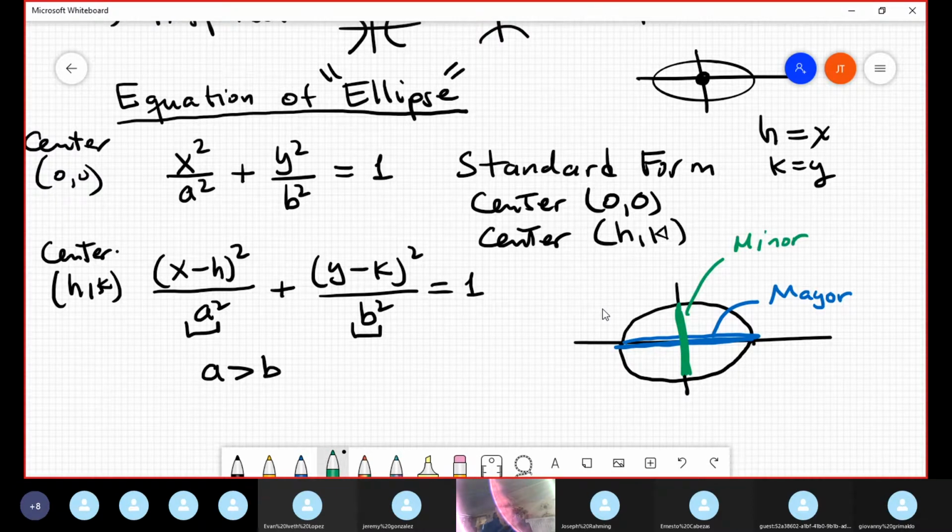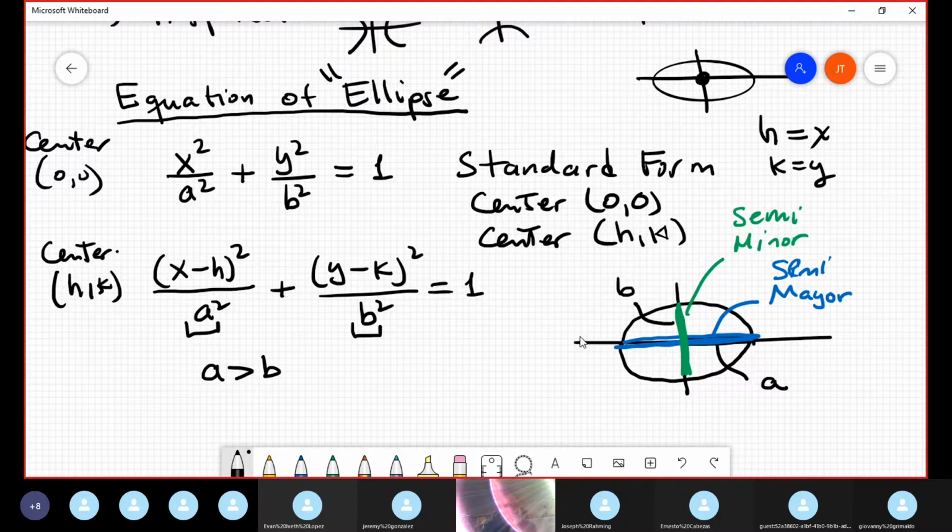This is the total axis, and half of this is the semi-minor or semi-major. So semi-major axis is this segment. It's a half. And semi-minor is this segment. It's also half. And this segment is A, and this segment is B.